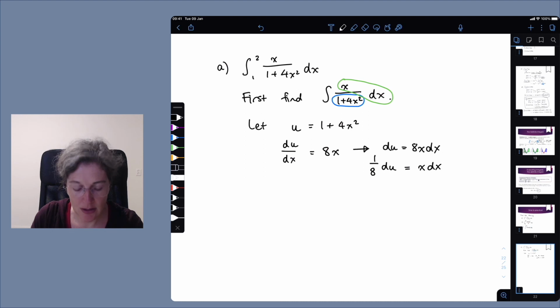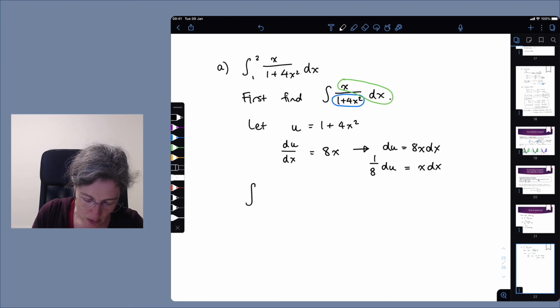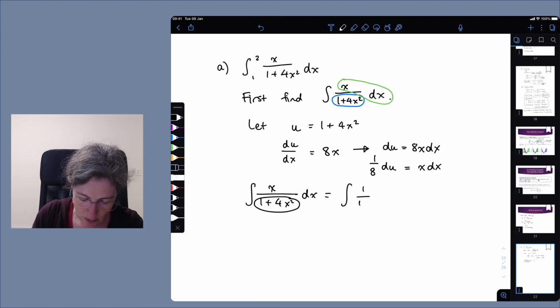And now I make the substitution. So I've got x over 1 plus 4x squared dx is equal to, so I'm replacing this with a u, so I've got a 1 over u, and I'm replacing this with a 1 over 8 du.